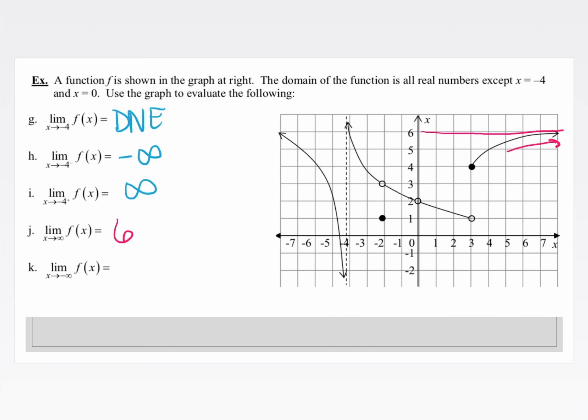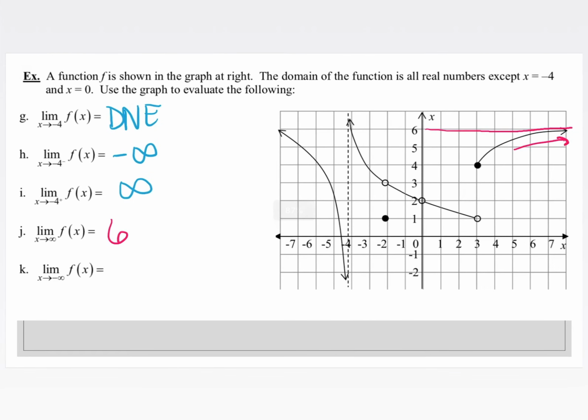If we look on the left-hand side, as x approaches negative infinity, it keeps going up and up to positive infinity. So it's not actually settling at a point. It's not getting infinitely closer to a point. It's just going up. So it's going to positive infinity here.